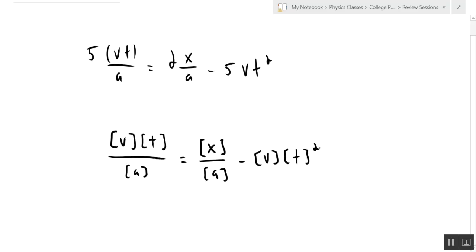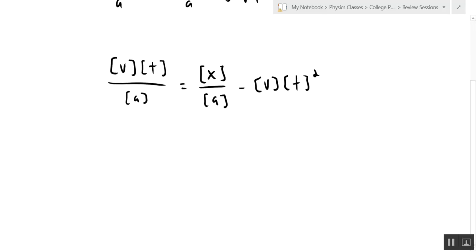Okay, so dt squared, you can put a minus or plus, doesn't matter. You're just checking the vt squared and seeing what its dimensions are. So, does anyone know what the dimensions of v are? And obviously the dimensions of t are what? T. And then what's the dimensions of a?